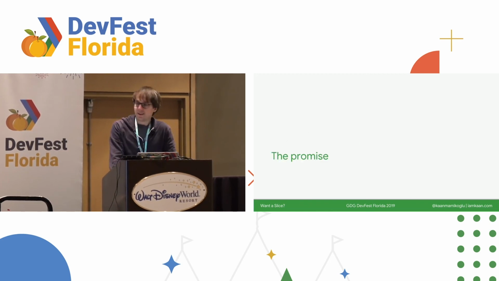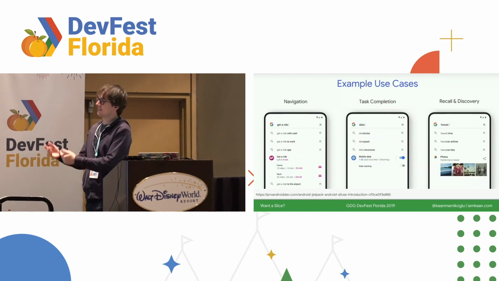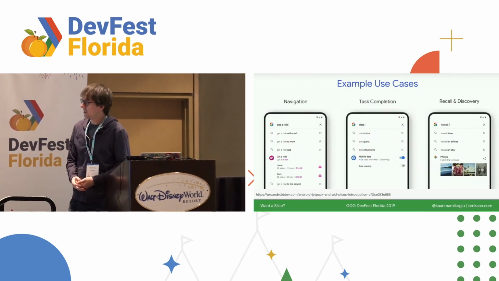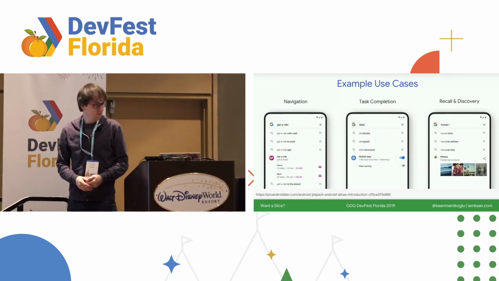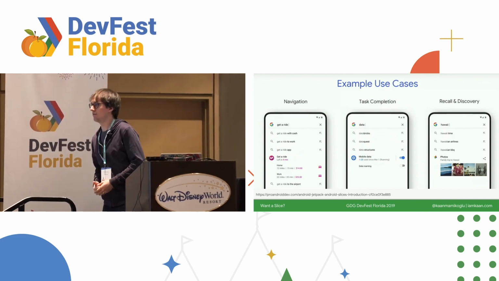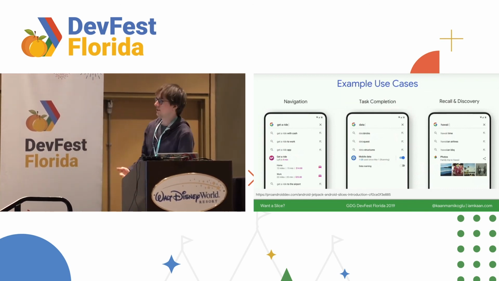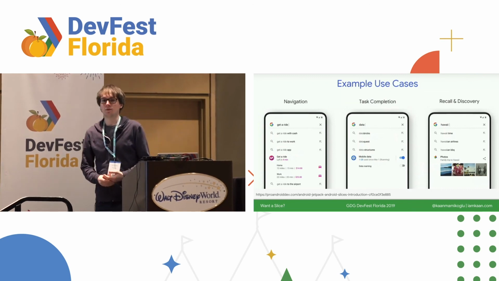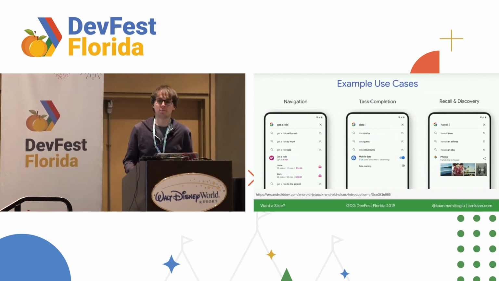And the promise is these are the examples they shared at Google I/O. The first one is, for example, when you try to get a ride, or get me home or something.